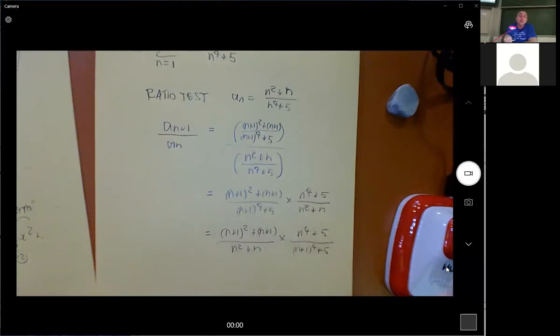The formal version of that is to divide the top and bottom by the biggest power of n that you see. If I did expand this out, I would divide by n squared. So if I divide the top of this and bottom of this by n squared, I will get (n plus 1) squared divided by n squared, and because they're both squared, I can divide by n on the inside.